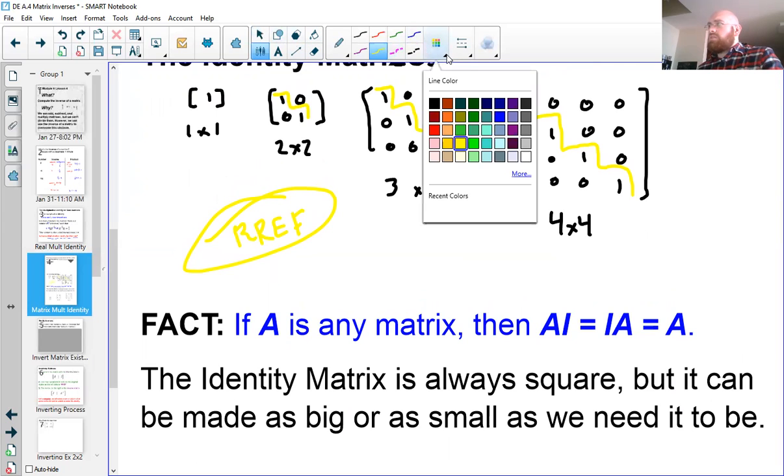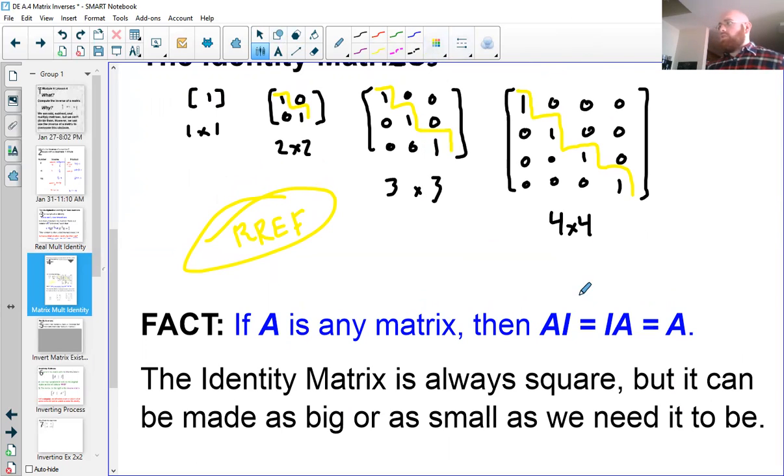Two things that we need to briefly discuss. So first, notice that the identity matrix is commutative. In general, for matrices A and B, AB is not going to be equal to BA, generally speaking.